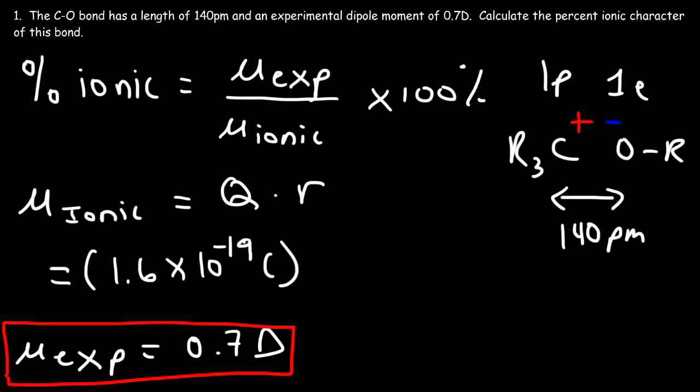The charge of an electron is the same number, but it's negative 1.6 times 10 to the negative 19 coulombs. And since we're trying to calculate a percentage, the negative sign is not important to us. Now the separation distance is 140 picometers. 1 picometer is 10 to the minus 12 meters. So let's go ahead and multiply those two numbers.